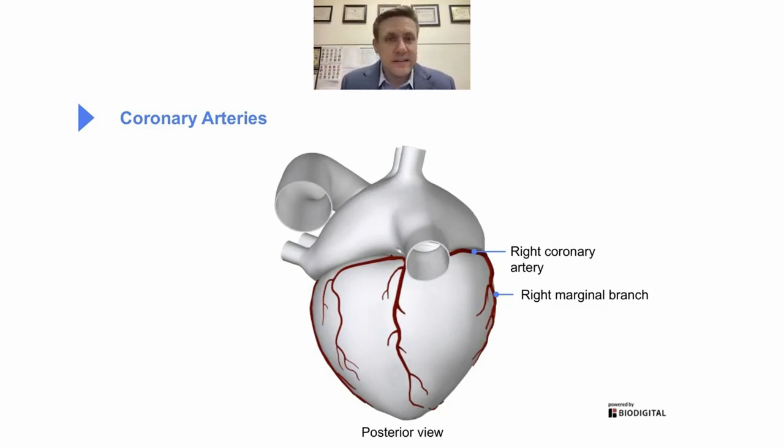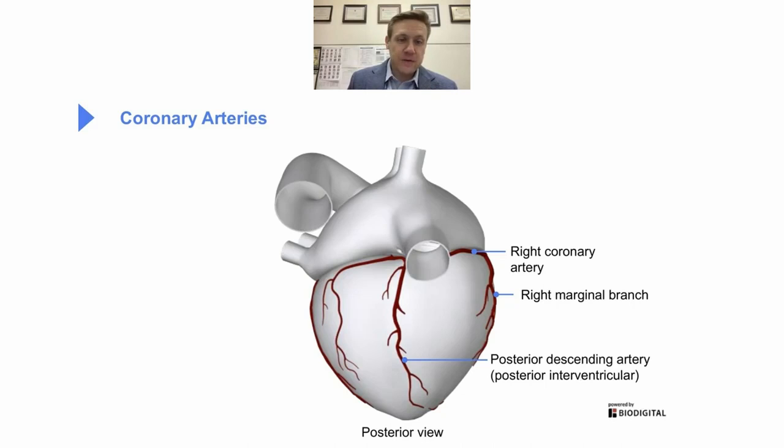Unfortunately, that's not a great description, unless you remember that acute means right. It's better if we use right marginal branch. And then it eventually, although it's a little obscured here by our IVC, is going to feed into this artery that's going to travel on the posterior aspect of the interventricular septum, hence the anatomic name, posterior interventricular.